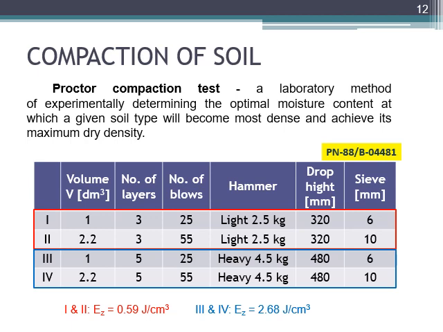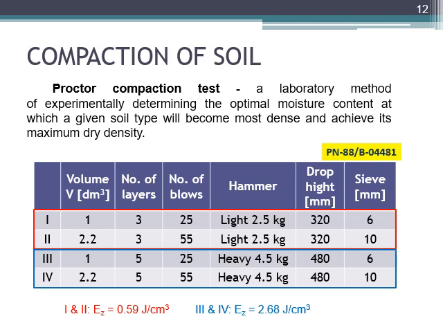And we are using a hammer with the weight of 2.5 kilograms, and it falls from the height of 320 millimeters. If we want to apply higher energy, then we would use the modified Proctor method.